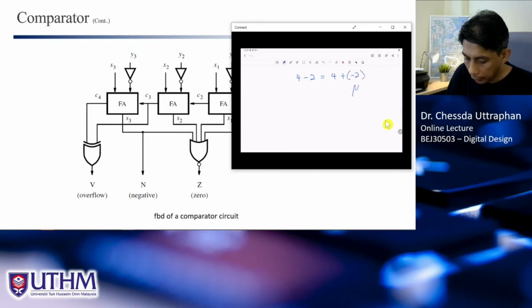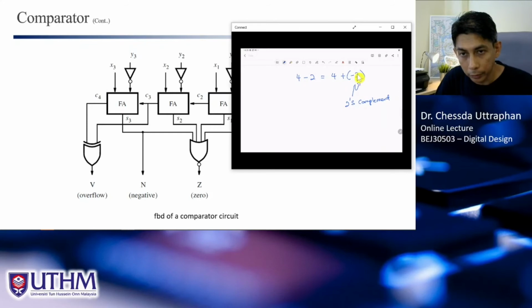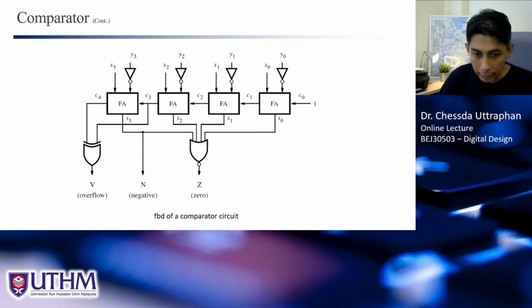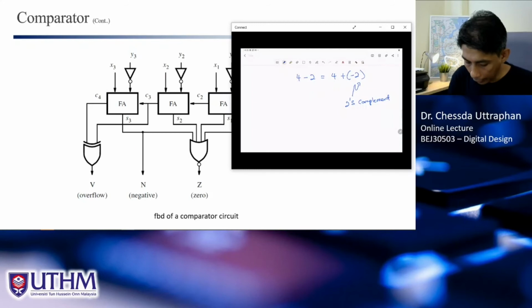So this is the complement of 2, or negative representation in digital hardware. So how to get the 2's complement? To get the 2's complement, we complement and plus 1, right? So in this case, it's the same. This is actually x minus y.